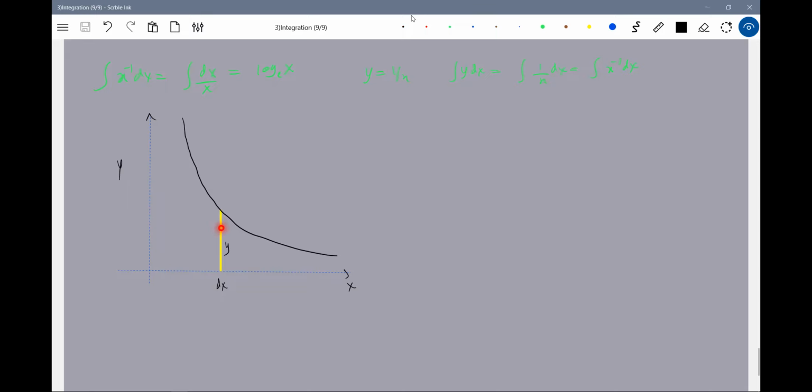Here you have dA, and like that you sum up the rectangular strips of infinitesimal width and increasing height, from x equal to 0 to x equal to infinity. You will end up with the area under the curve, which is equal to log x to the base e. That's the meaning here.